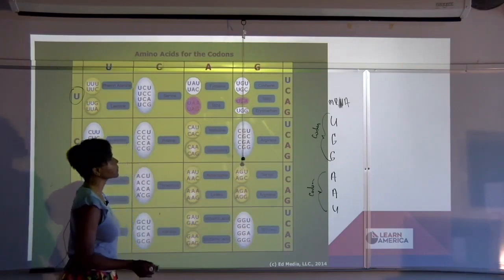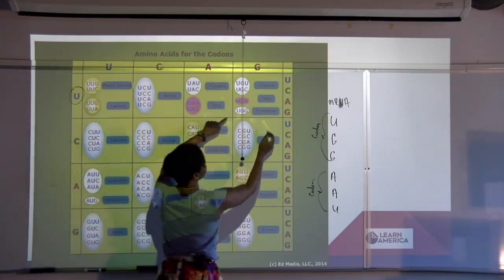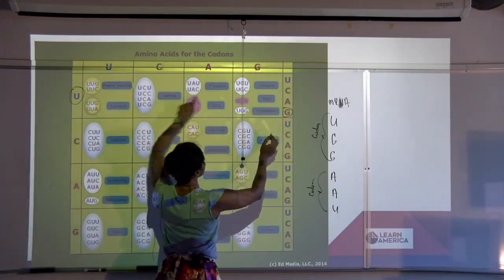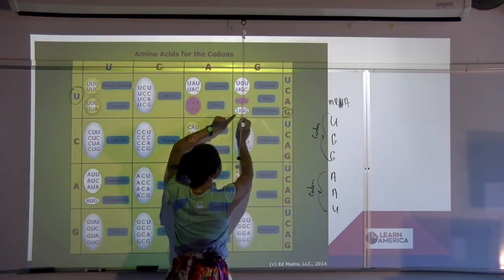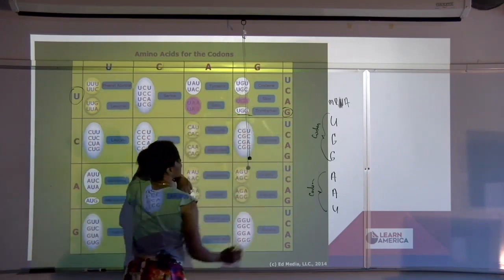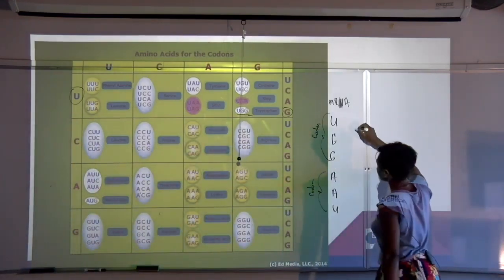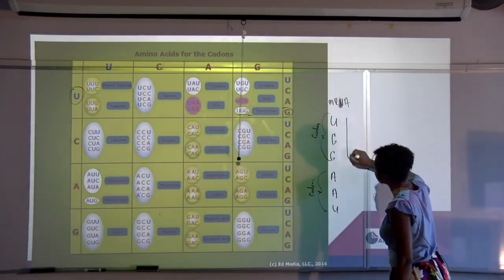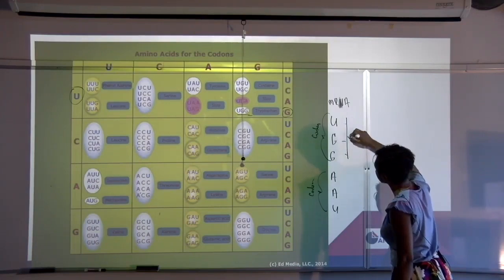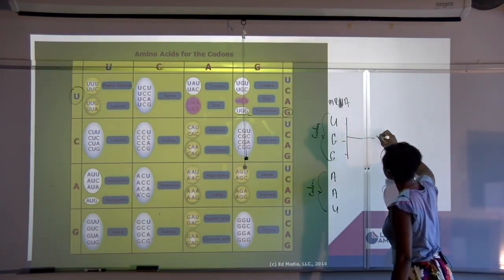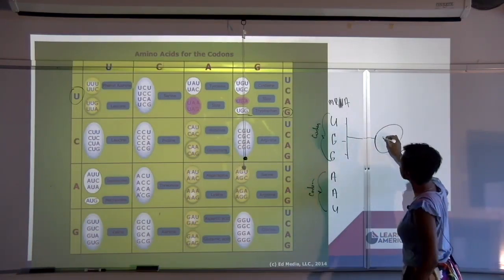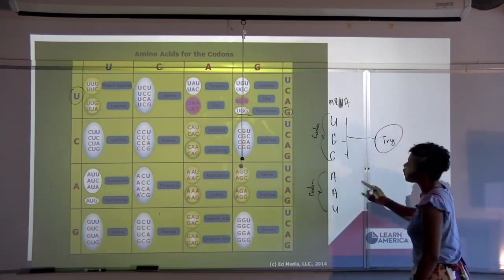And the third one? G. So it's going to bring us in here. U, G, G. And here we go. Tryptophan. So what you need to do is you only need to write the first 3 letters for our purpose.